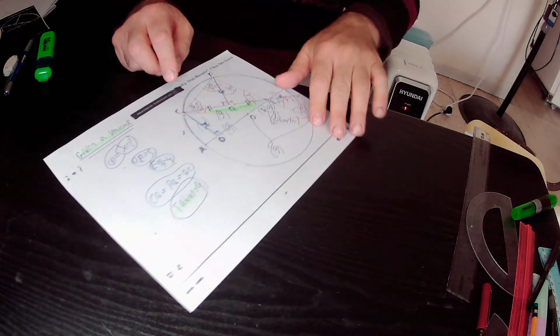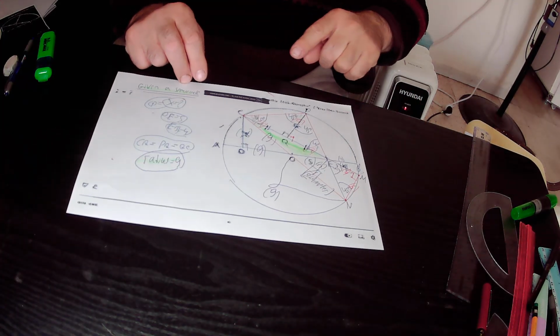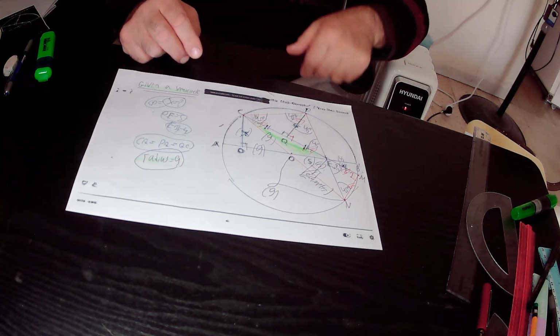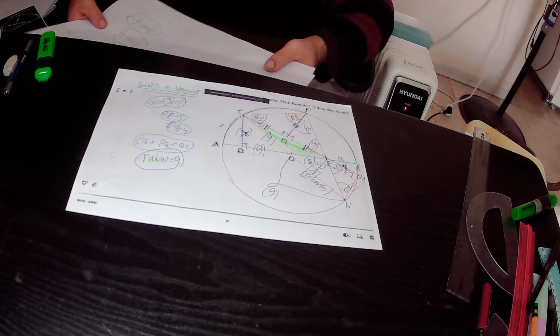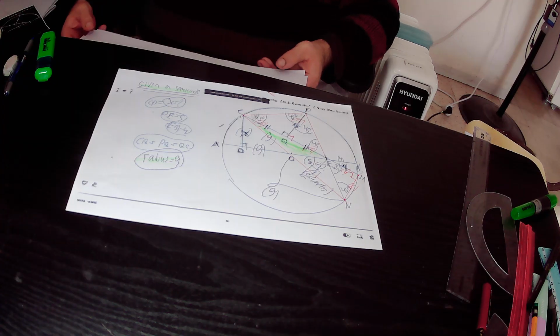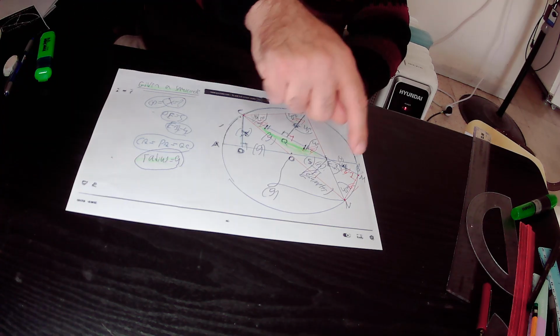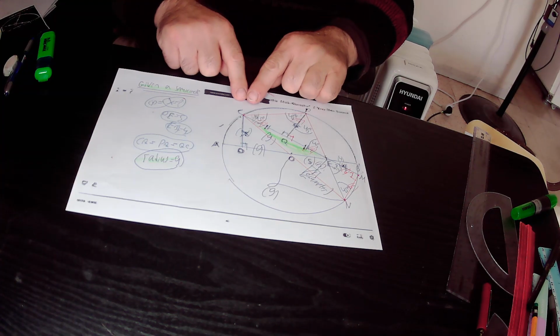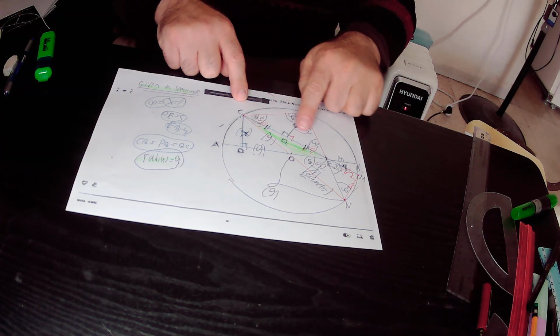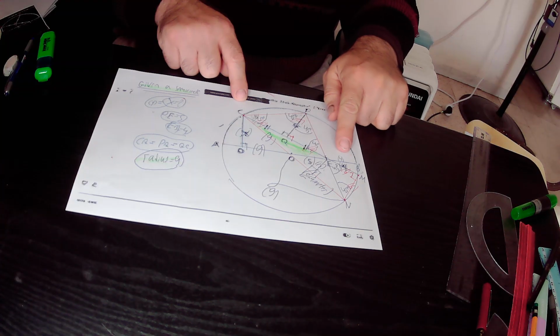In the next step, we complete this semicircle to a circle. So this is the circle that we created here. And then we extended side CE by a straight line until it touches the circle.